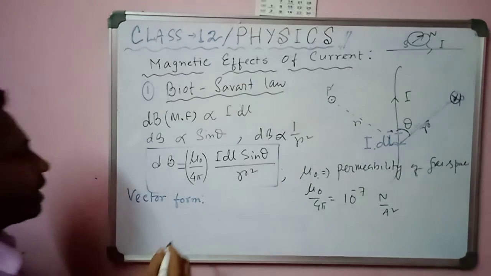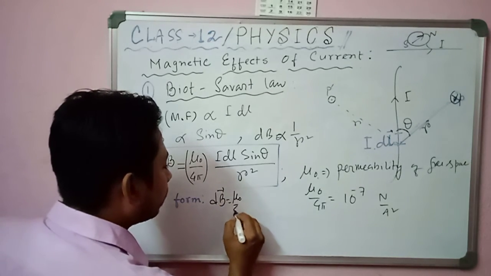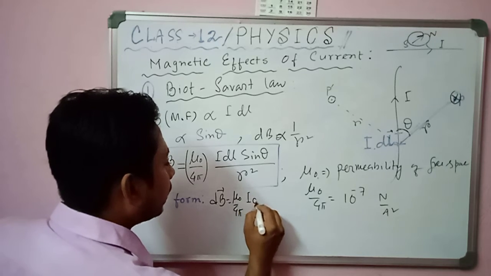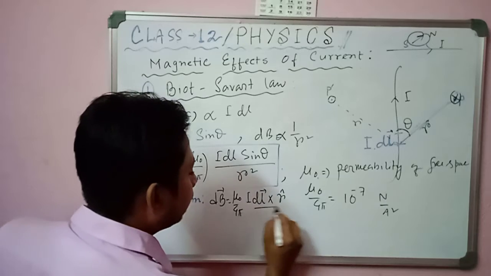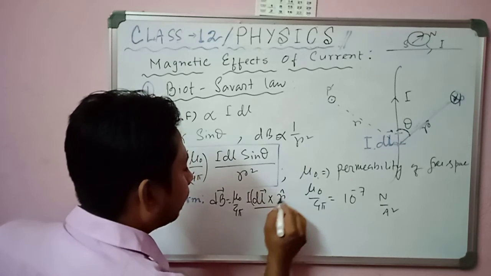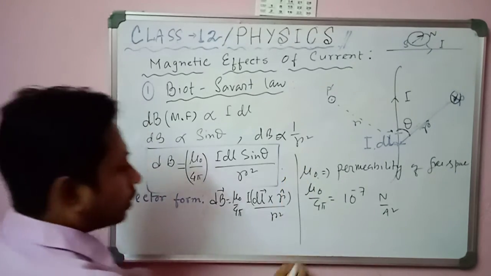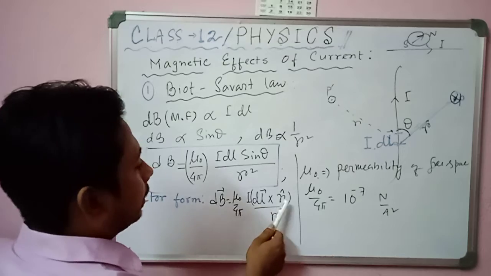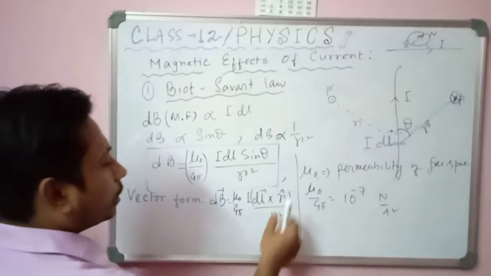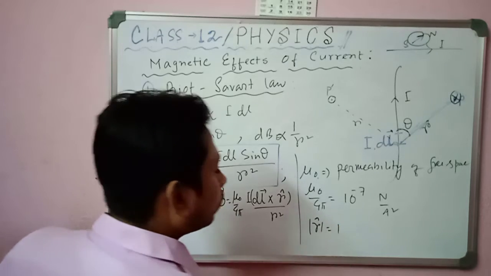So the vector form: dB vector is equal to mu naught by 4 pi I dl cross r unit vector by r square. See, the unit vector, and the cross of dl means dl into r into sine theta. The mod value of unit vector r is 1.